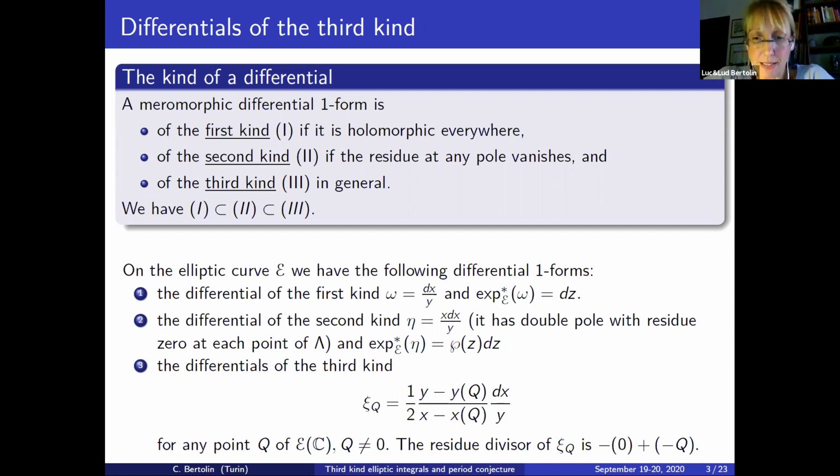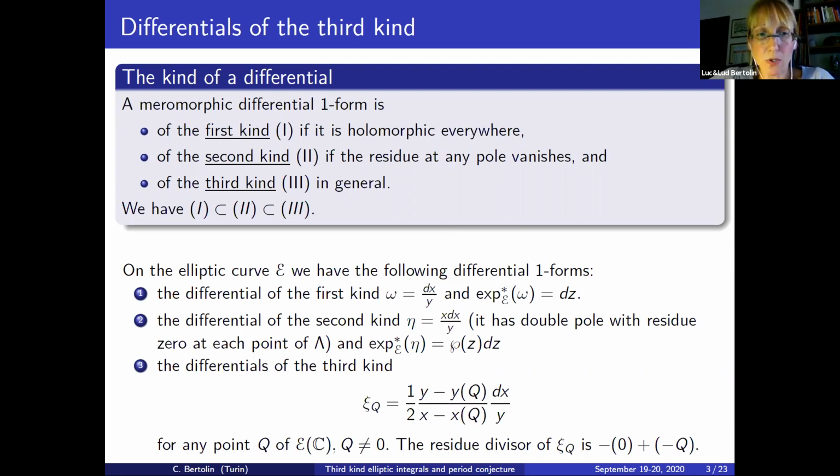What is interesting for us is that this differential of the third kind has a residue divisor equal to minus 0 plus minus q. So we have an infinity of differentials of the third kind parameterized by the points of the elliptic curve.